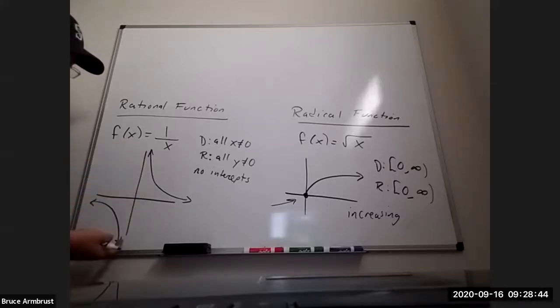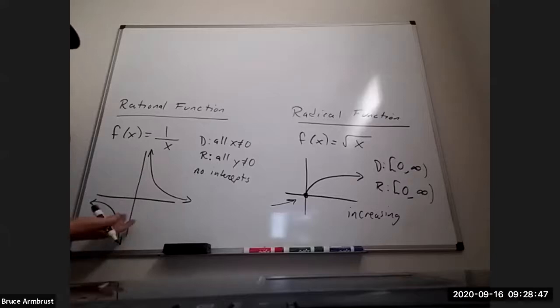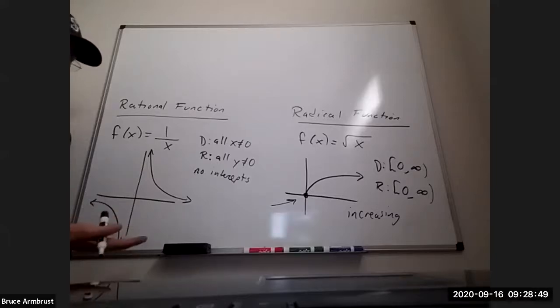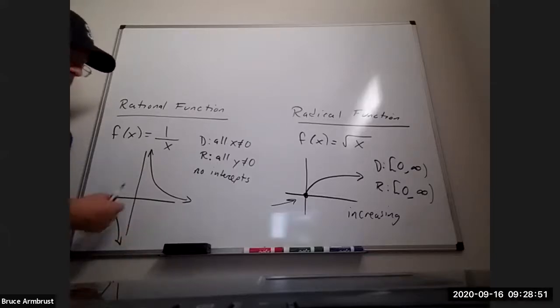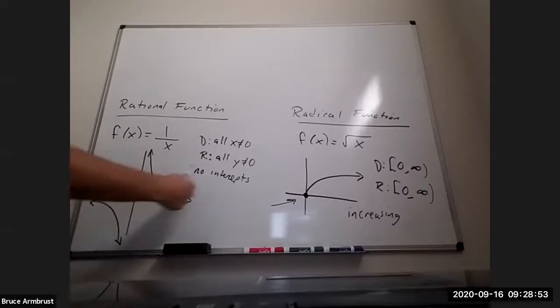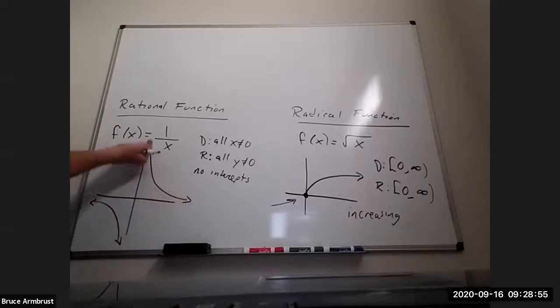You notice this has a vertical asymptote at the y-axis. Asymptote is just a line that you approach. So you think about this as a wall. As we're driving towards it, we've got to turn so we don't hit the wall. Well, that's a vertical asymptote. There's also a horizontal asymptote at the x-axis. Similar kind of deal.